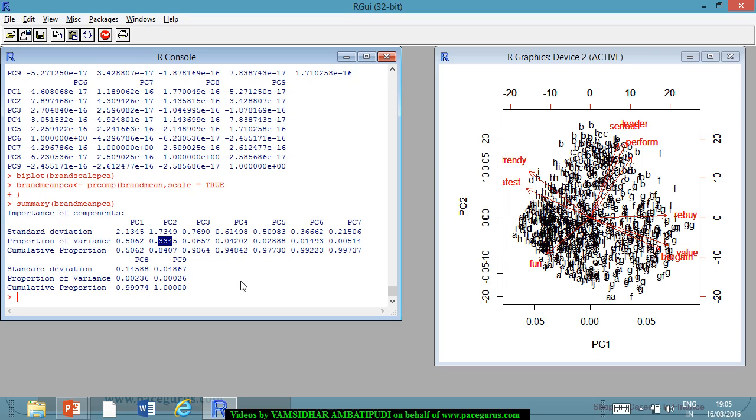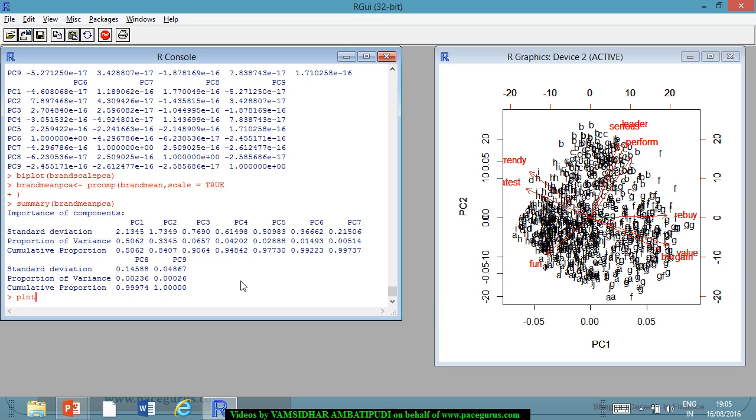So when I am doing it with a slightly small data set, it looks much more interesting. PC1 has almost 50% of the total variation, PC2 33%. So the first two components themselves constitute almost 84% of the total variation. So the other 7 components become completely negligible.